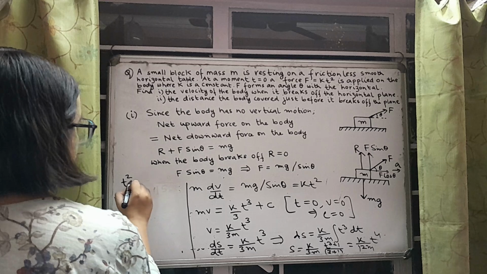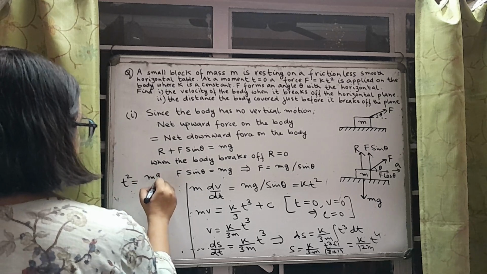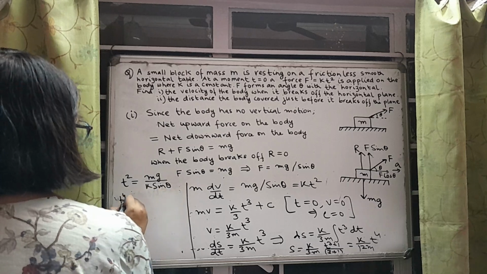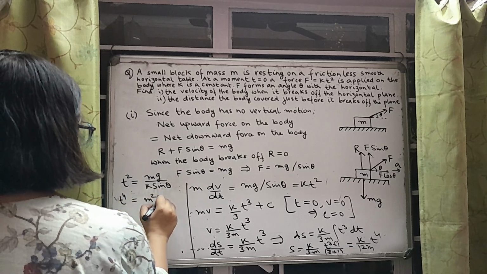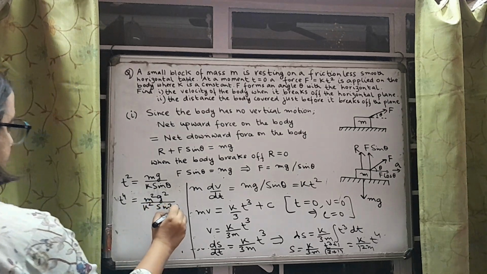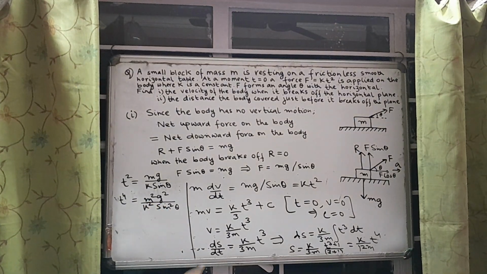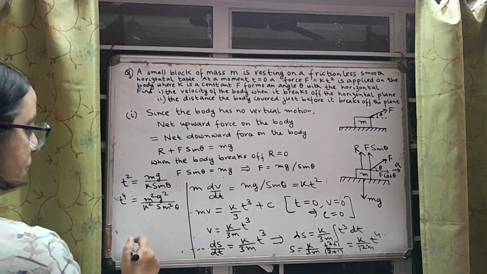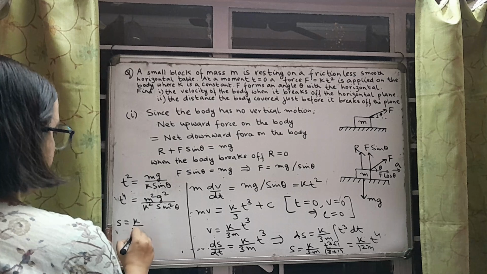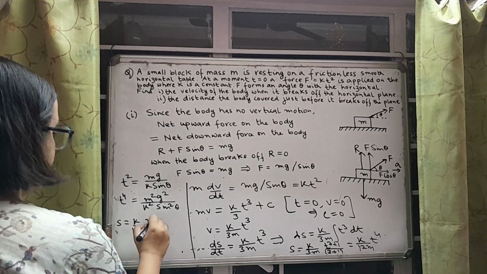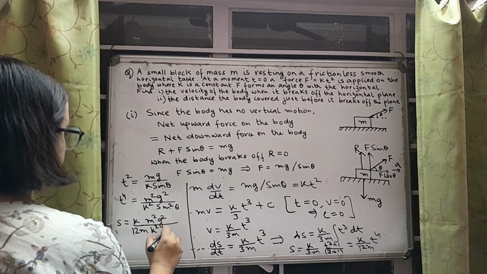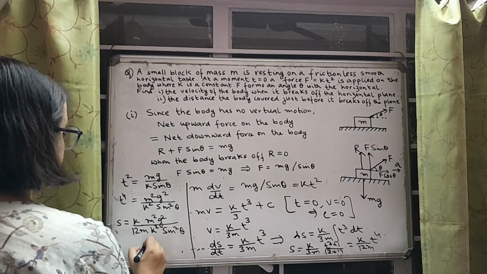Now if I use this expression, t squared is mg by k sine theta. So t to the power 4 will be m squared g squared by k squared sine squared theta. If I put this expression of t to the power 4 here, s becomes k by 12m into m squared g squared by k squared sine squared theta.